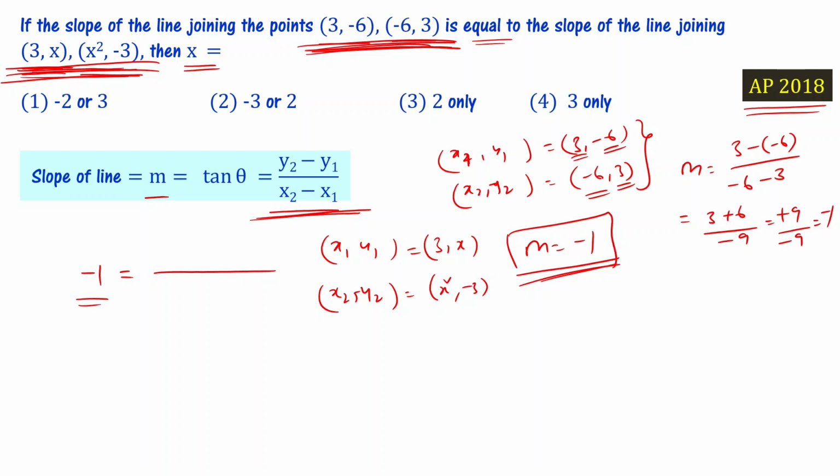Slope -1 equals y2 minus y1, that is -3 minus x, divided by x² minus 3.